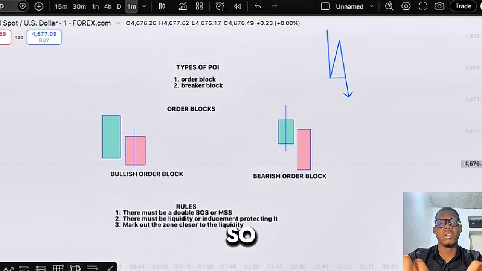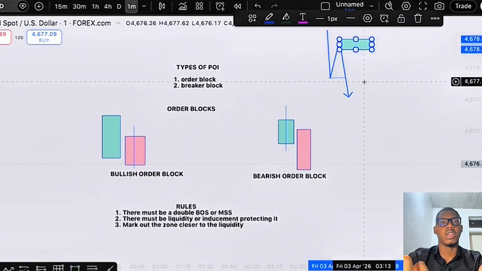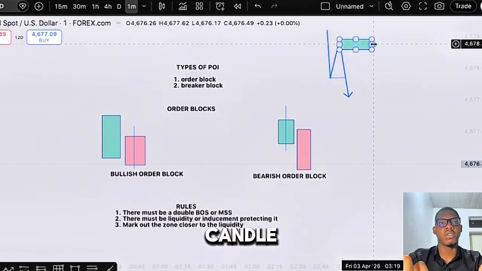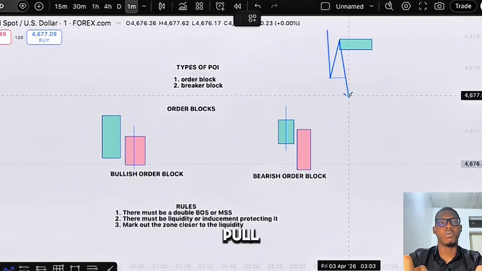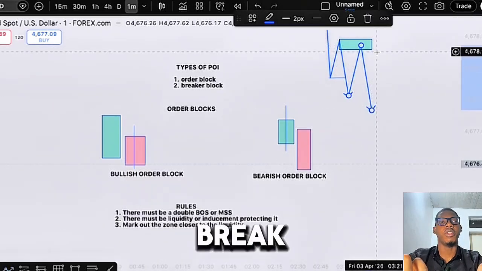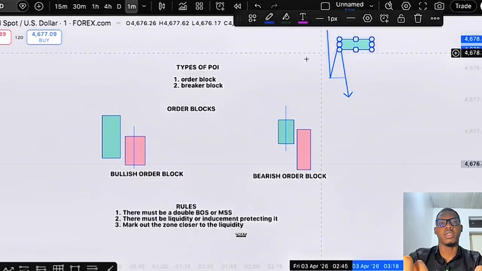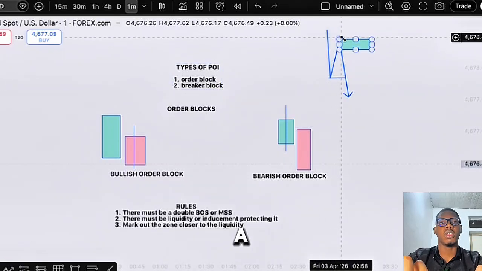This is the candle that caused the break of structure, so we expect that price should pull back into this level and form another break of structure. So that is that.